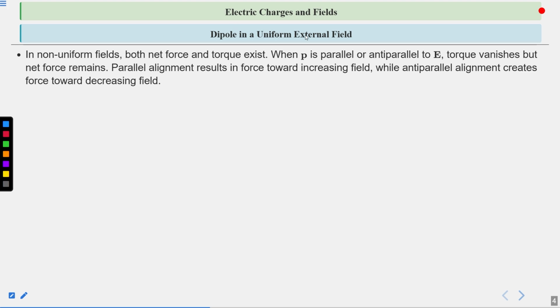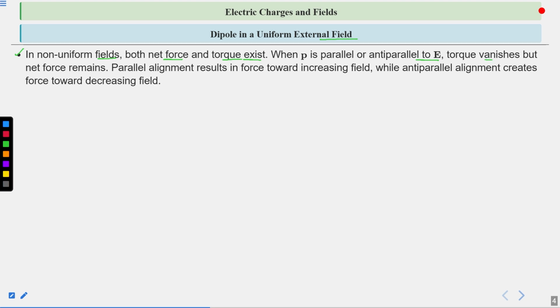Dipole in a uniform external field. In non-uniform fields, both net force and net torque exist when P is parallel or anti-parallel to E. There is the same condition, but the field is non-uniform.